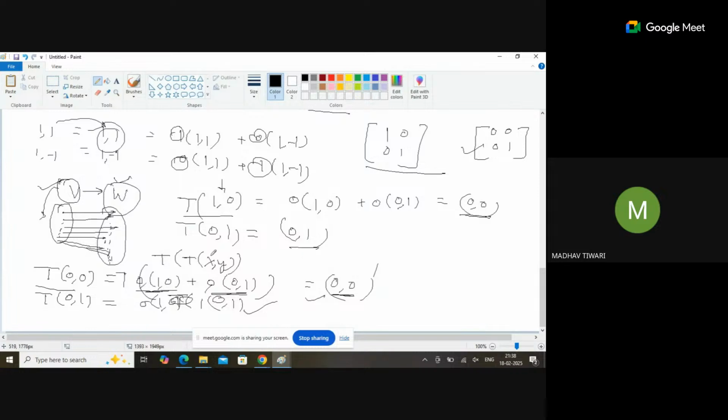Same here: I transformed this value to this and then again did the transformation. I got 0 comma 1 again. When I write it as a linear combination of the bases, I can write it as 0 times 1 comma 0 plus 1 times 0 comma 1. That is the matrix representation I am doing, nothing else. I hope this is okay.